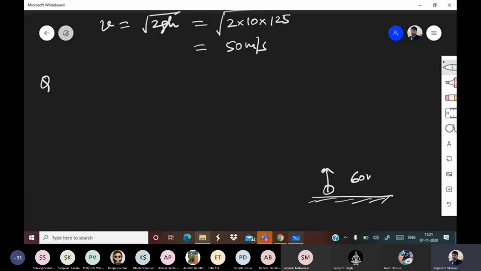Find height at t is equal to 5 seconds. Number 2, speed at t is equal to 4 seconds. Please find. There is a ball which is projected upward with 60 meters per second.